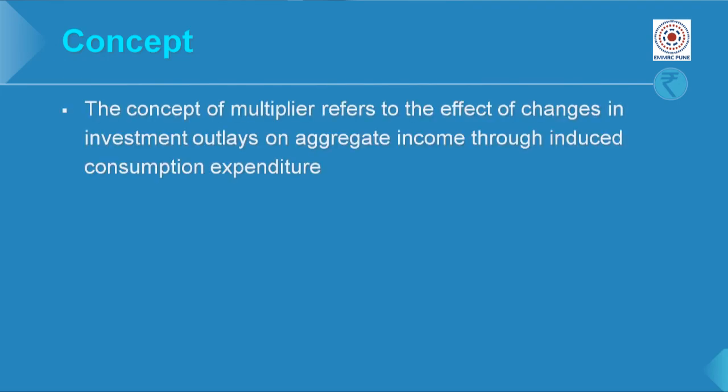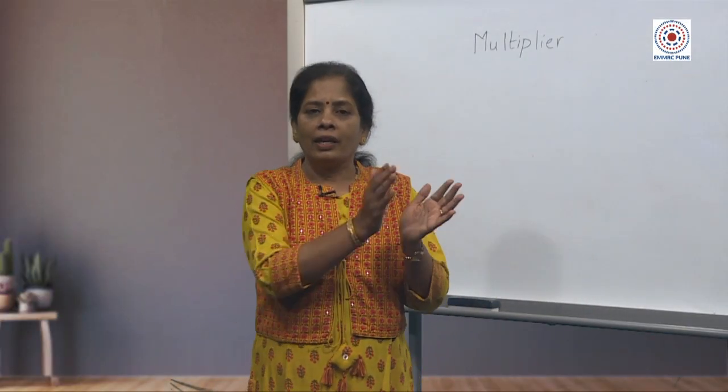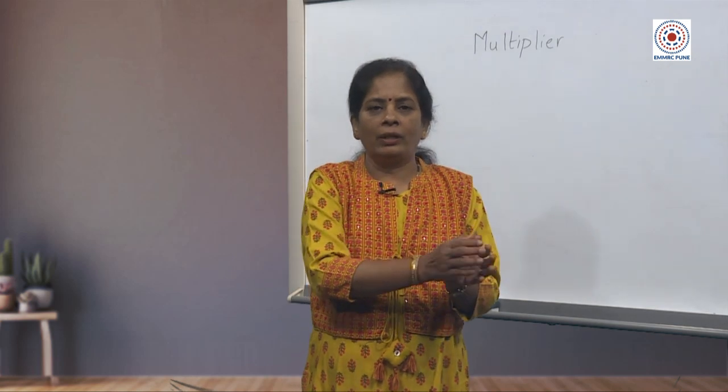The concept of multiplier refers to the effect of changes in investment outlays on aggregate income through induced consumption expenditure. The multiplier shows the relationship between the initial increase in the investment and the resultant increase in total income.